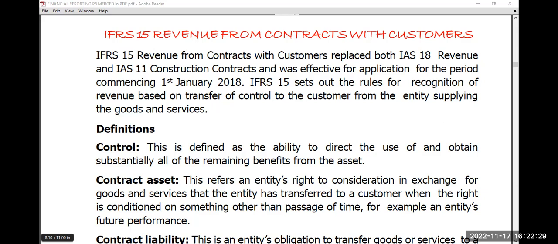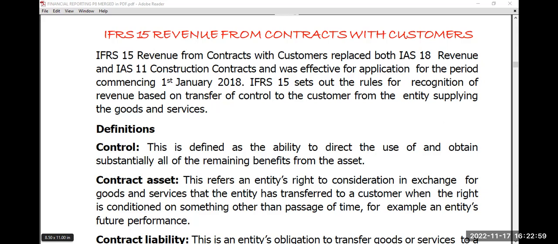Contracts. And IAS 11 was all about those contracts that are going to be taking a long period of time, and their performance is going to be satisfied over time.